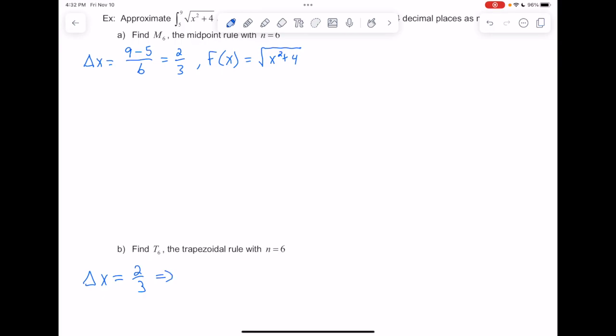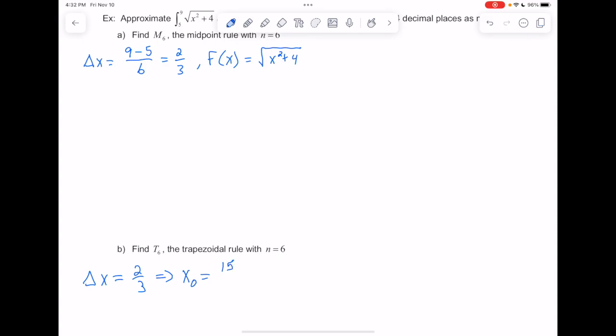And then when you do endpoints, they're easier on the trapezoid rule, so that's why I'm starting down here. So your first endpoint would be whatever the left-hand or lower limit is on your definite integral. We were going from 5 to 9, so our starting point is 5. And then to get to x1, x2, and x3, and so on, you just keep adding delta x, which is 2/3. Because that 2/3 is a fraction, it would be nice, instead of starting off with the 5, if we wrote that as a fraction and said 15/3.